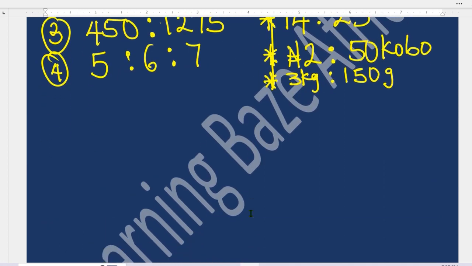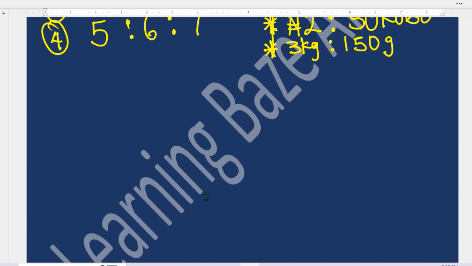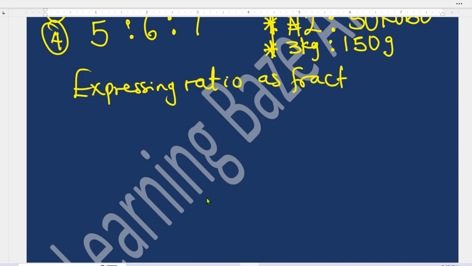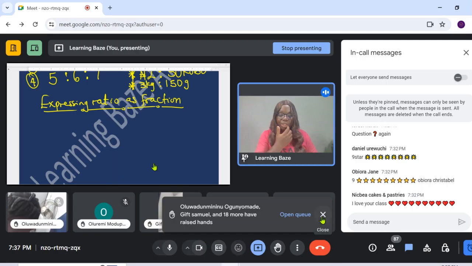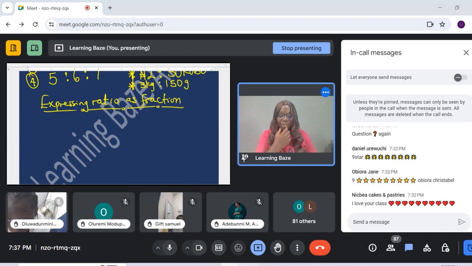Make sure you are writing. We go faster in this class. So let's learn expressing ratio as fraction. We are still coming back to mental math. Just ensure you're learning this.